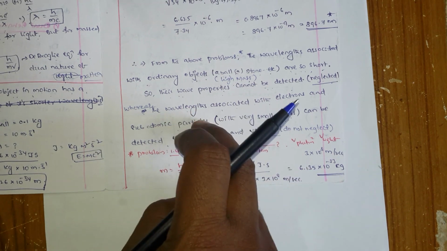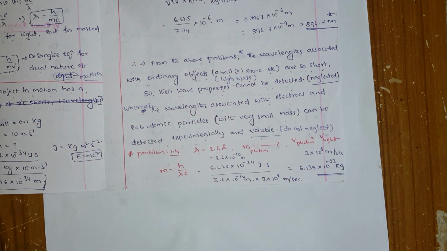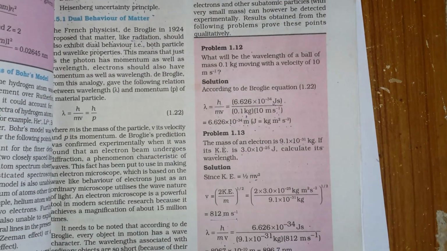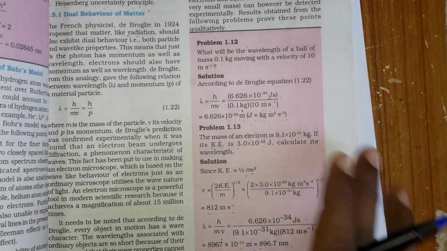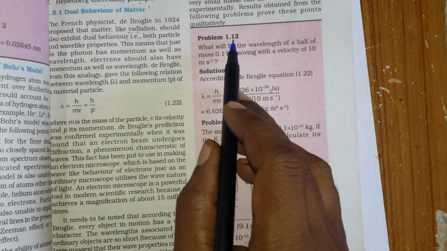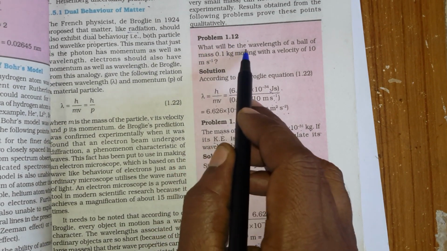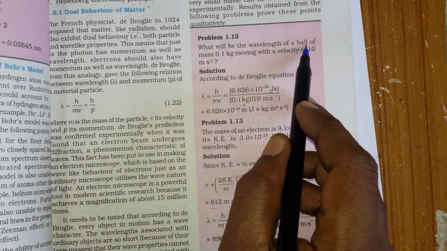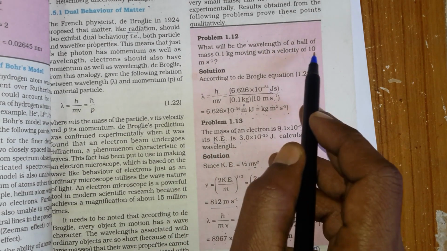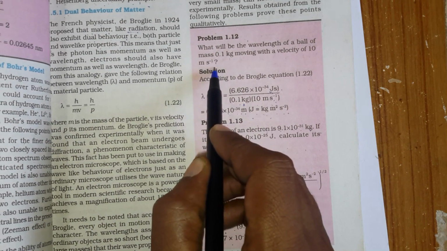Then we can confirm these statements by seeing two problems from the textbook: problem 1.12 and problem 1.13. What is problem 1.12? What will be the wavelength of a ball of mass 0.1 kg moving with a velocity of 10 meters per second?